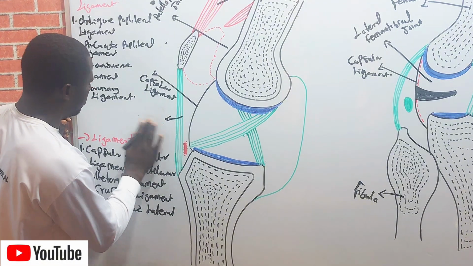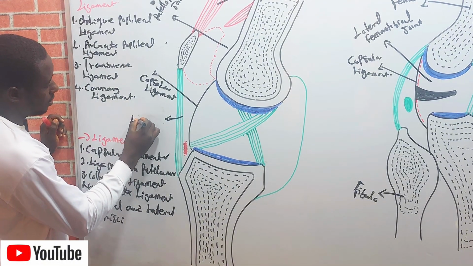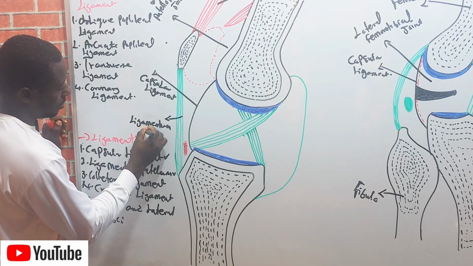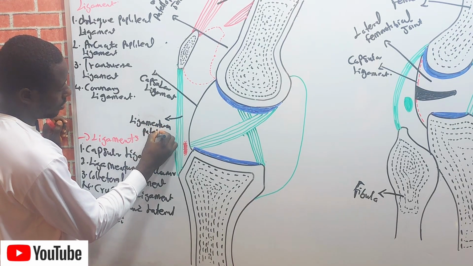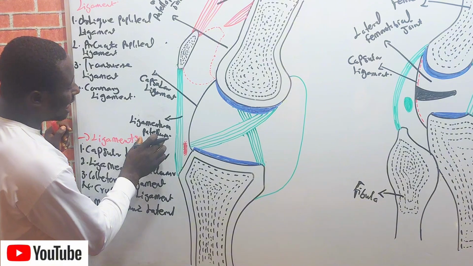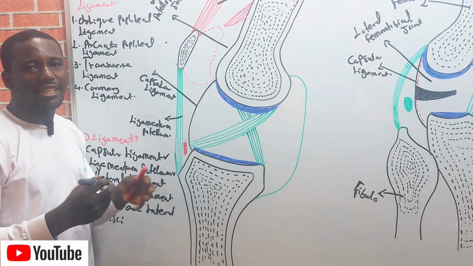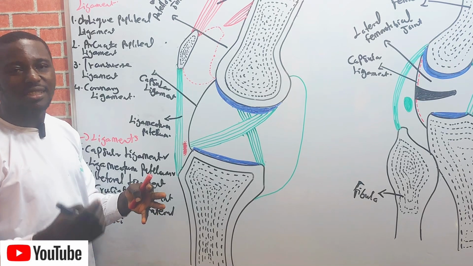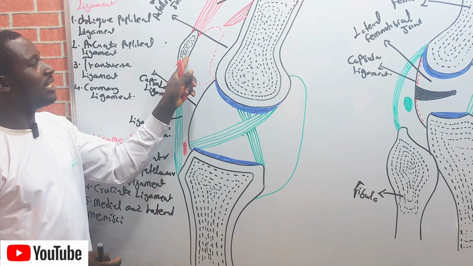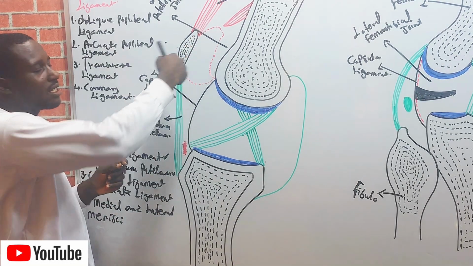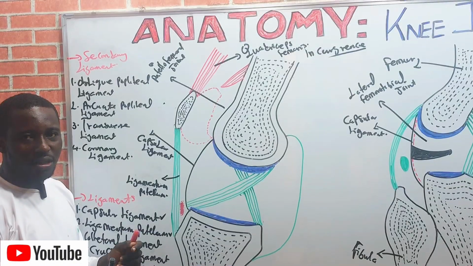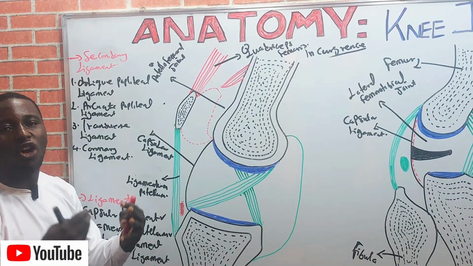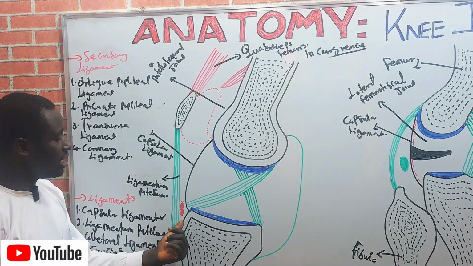So the ligamentum patellae is the insertion of the tendon of the quadriceps femoris, which extends from the apex of the patella to the upper part of the tibial tuberosity.